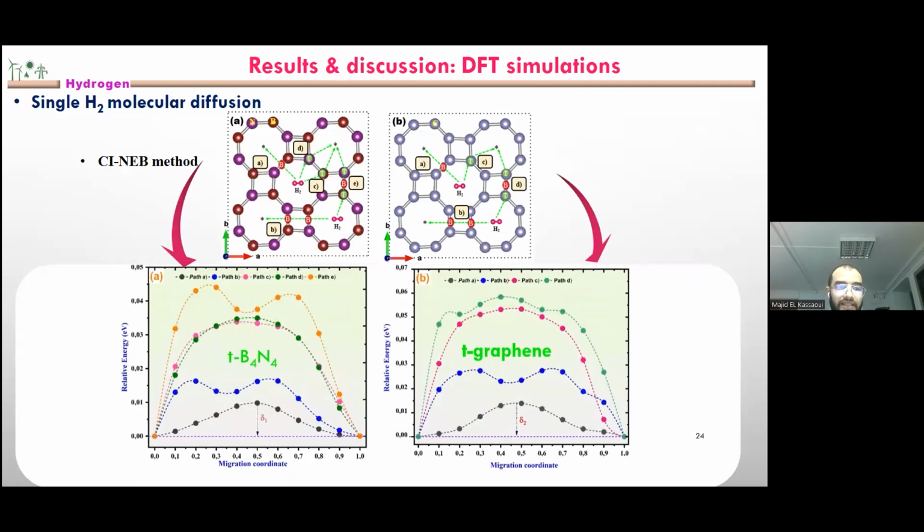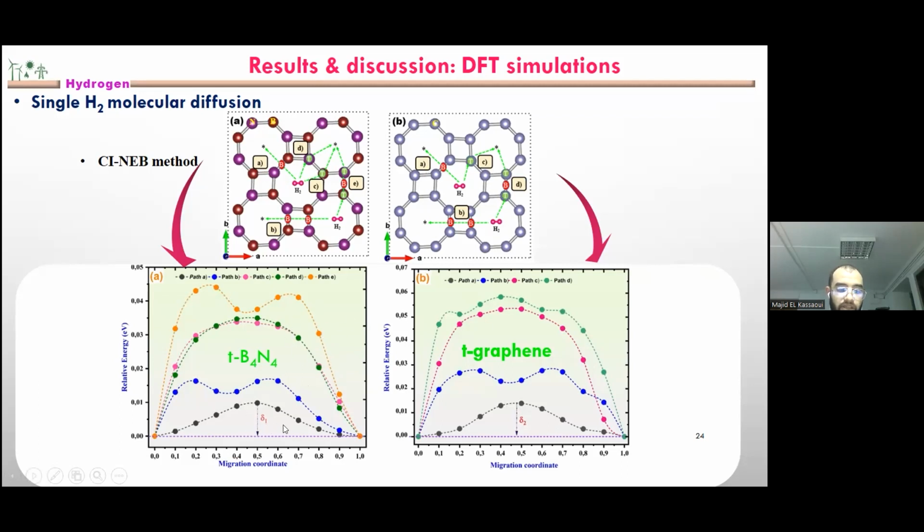For the single H2 kinetics, in general, the fast diffusion of hydrogen molecules in two-dimensional materials, moving across the surface, is crucial for the development of next generation energy storage devices. We can observe in both systems that the hydrogen molecule diffuses via the bridge 1A.